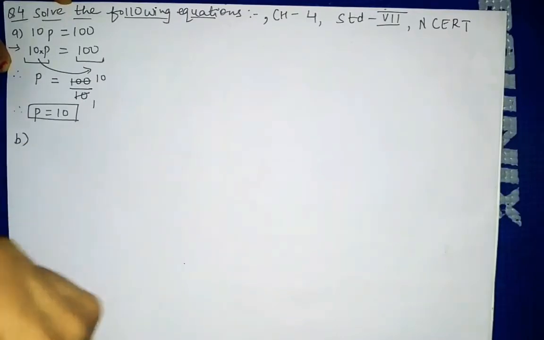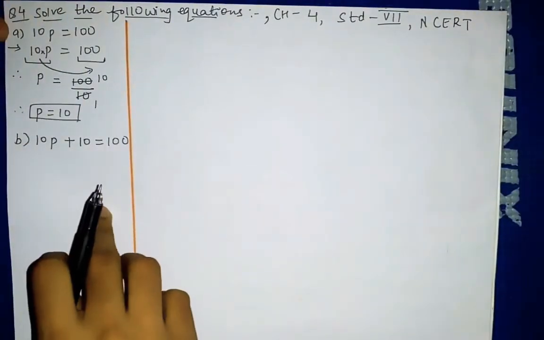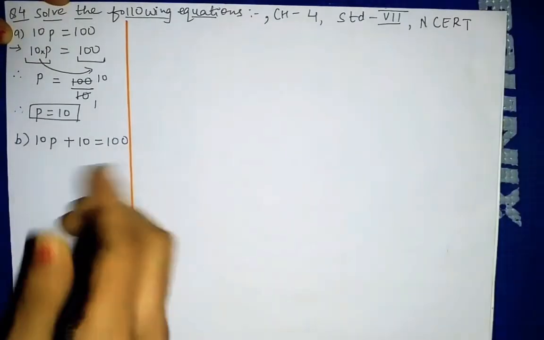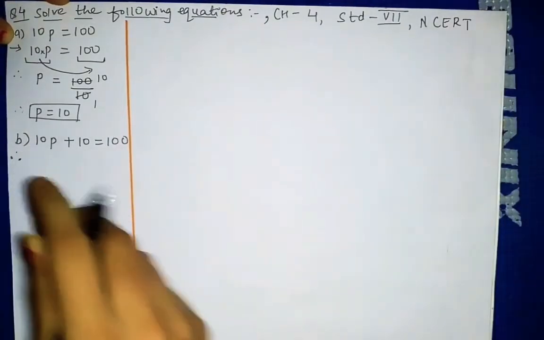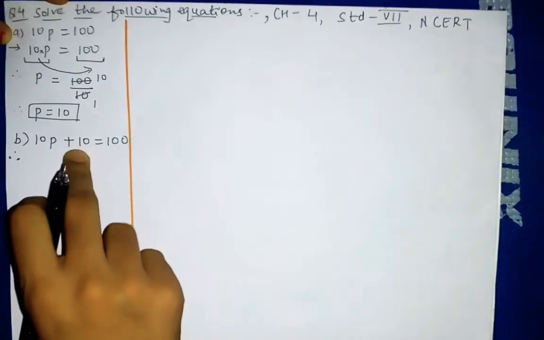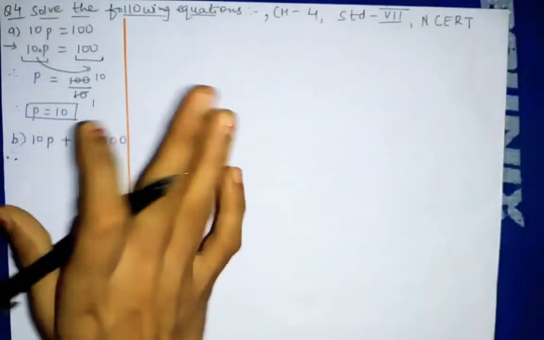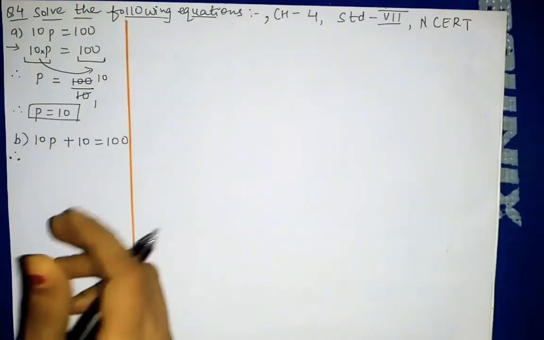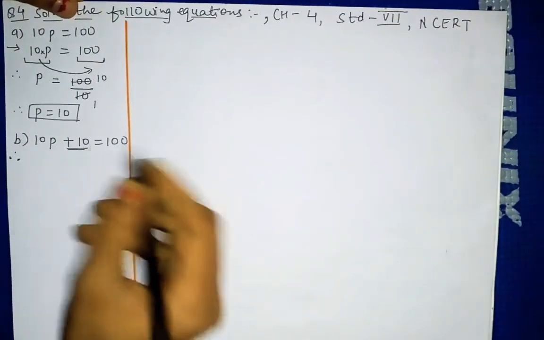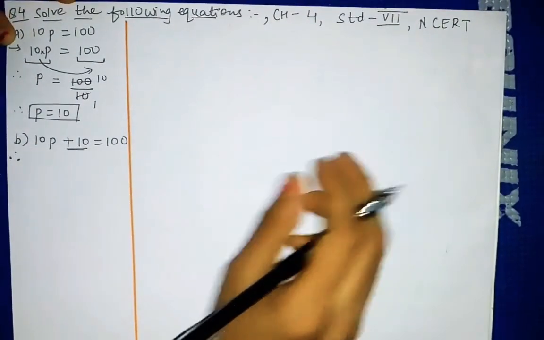Okay, now let us see the second sum. This is our second question, 10p plus 10 equal to 100. I told you whatever is given in plus or minus should be removed first, and then the multiplication and division part. Now here plus 10 is given. So first we will remove this plus 10.